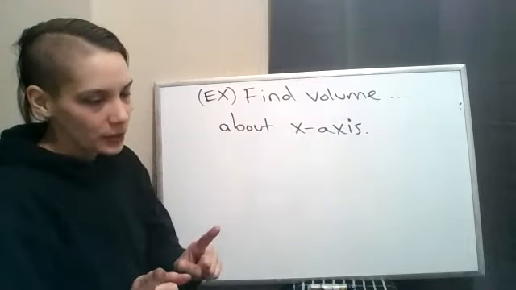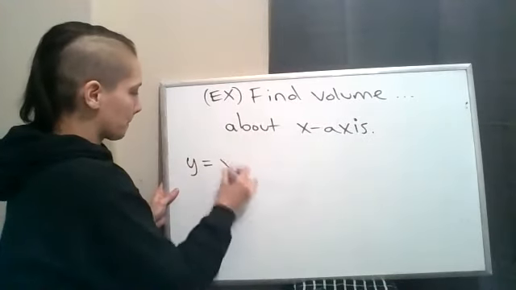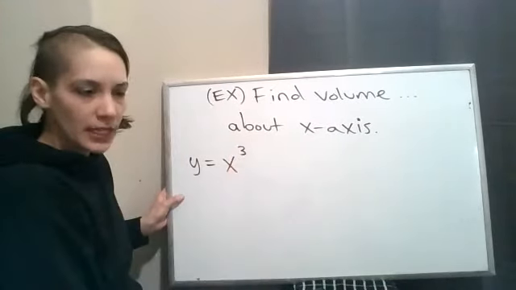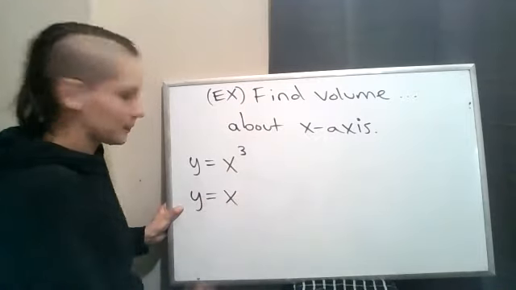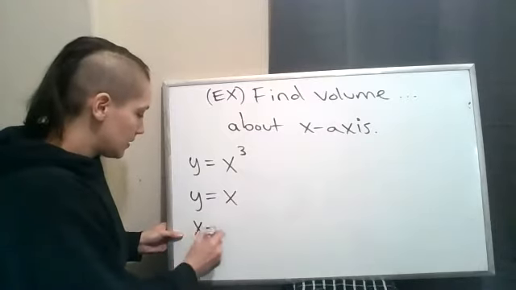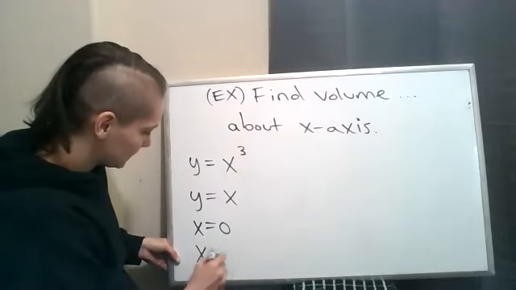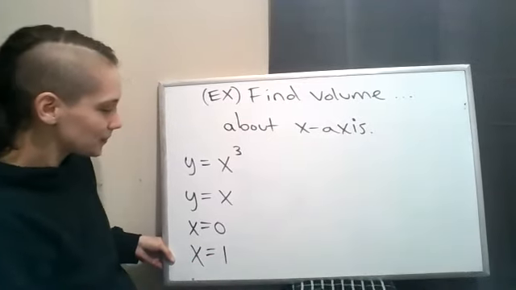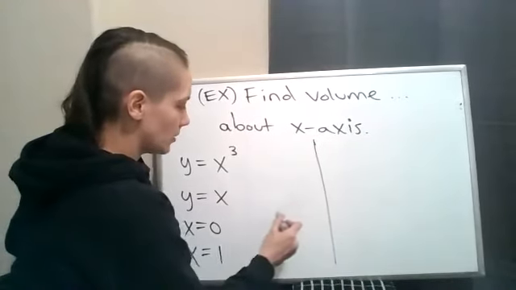So y equal to x cubed. The other one is y equal to x. x equal to 0, and then x equal to 1.